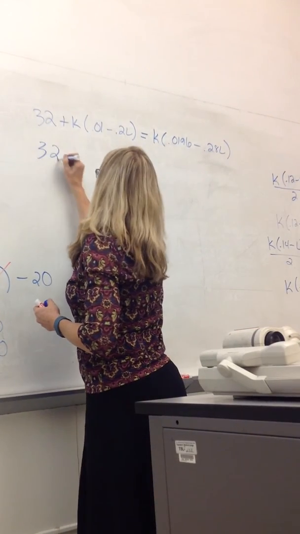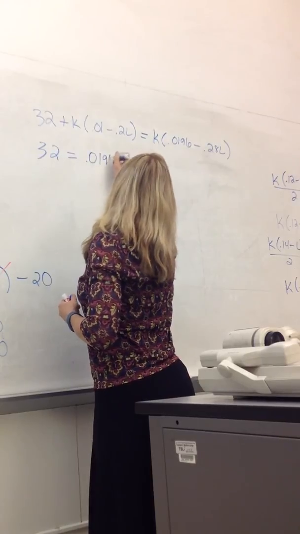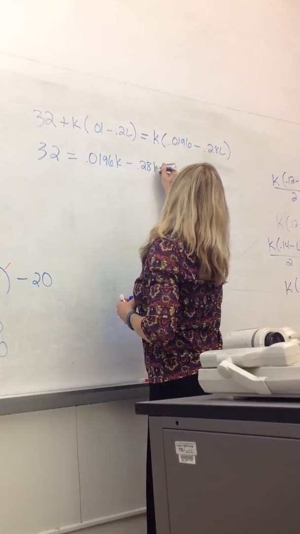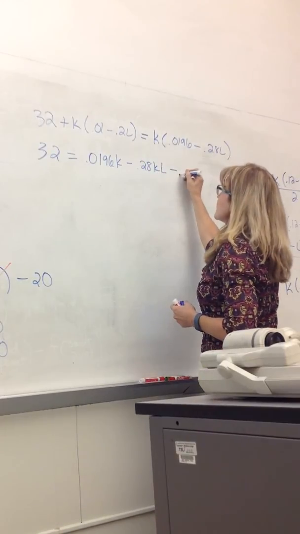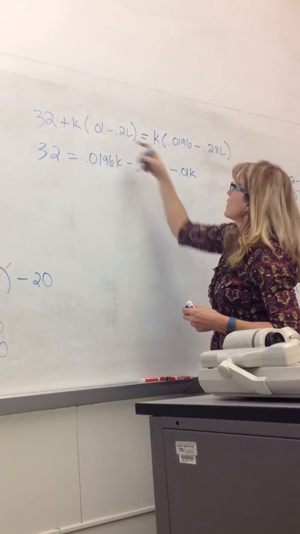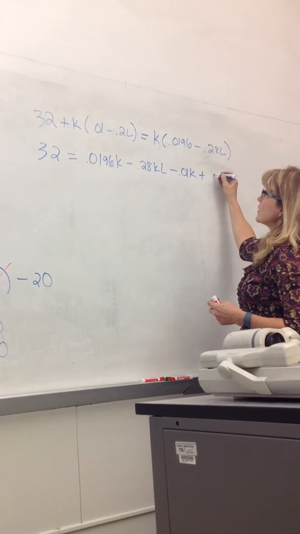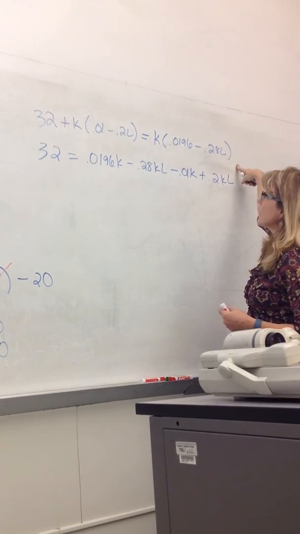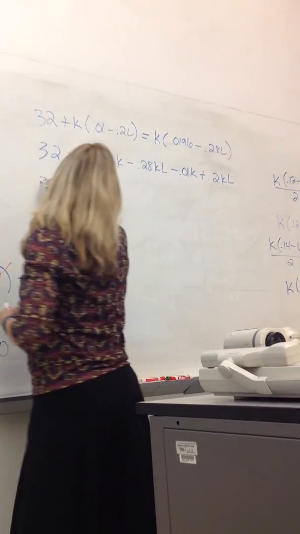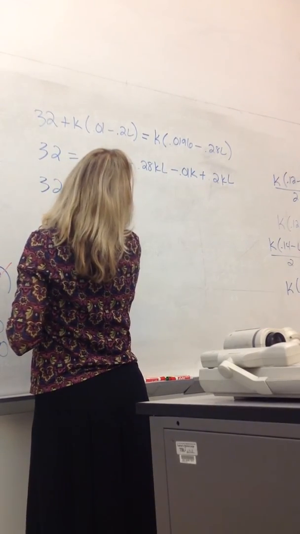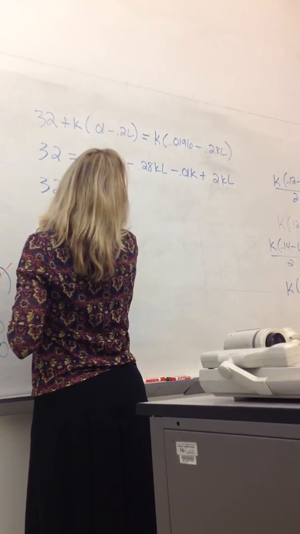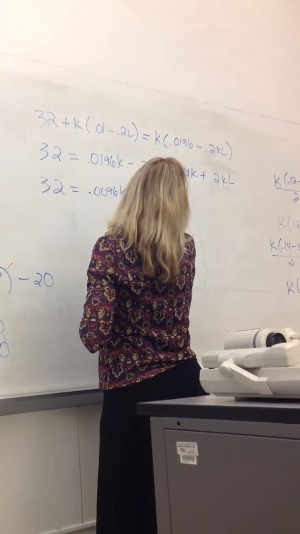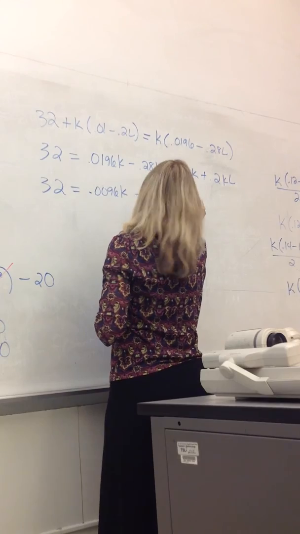Then 32 would equal 0.0196 K minus 0.28 KL minus 0.01 K plus 0.2 KL. I'm moving these two over here. Then I have 0.0096 K minus 0.08 KL.